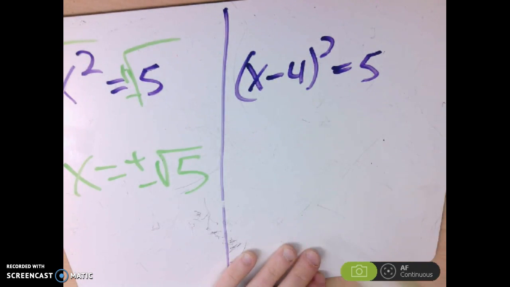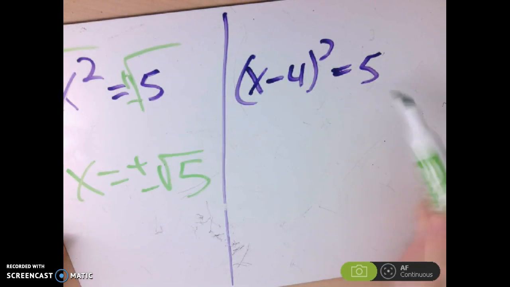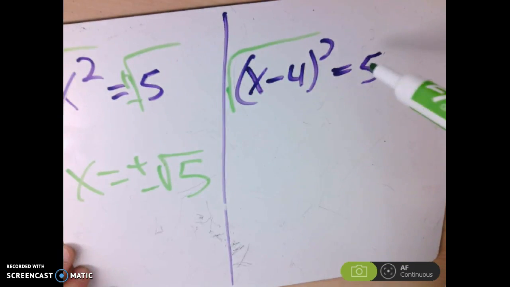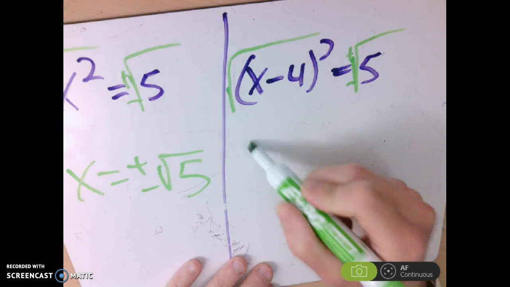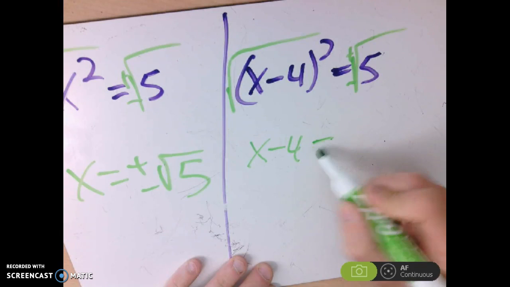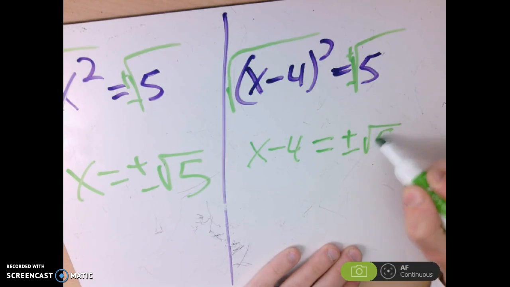Okay, so for this one, there are easy ways and hard ways that I can do it. The hard way is factoring it out, expanding it out, moving the 5 over, seeing if I can factor. If not, I'll have to do the quadratic formula, which we'll talk about in about a minute. But the easy way is I just have this thing squared equals this. So I can just take the square root of that side and the square root of that side. But remember, when I take the square root, I have to do plus or minus. So now I get x minus 4, because the square and square root cancel out, equals plus or minus the square root of 5.